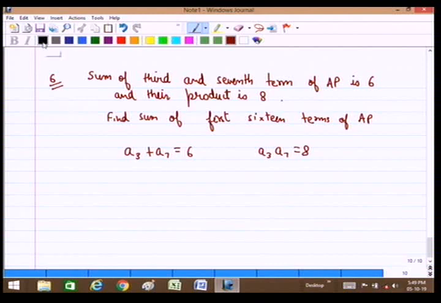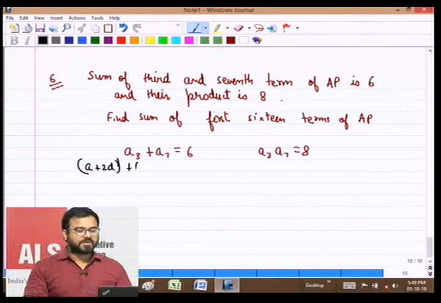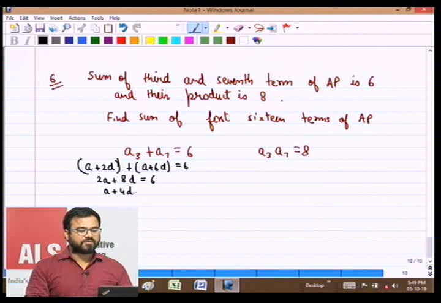To solve this, A3 plus A7: A3 can be written as A plus 2D plus A plus 6D, that is equal to 6, and this will become 2A plus 8D is equal to 6, A plus 4D is equal to 3, or A is equal to 3 minus 4D.